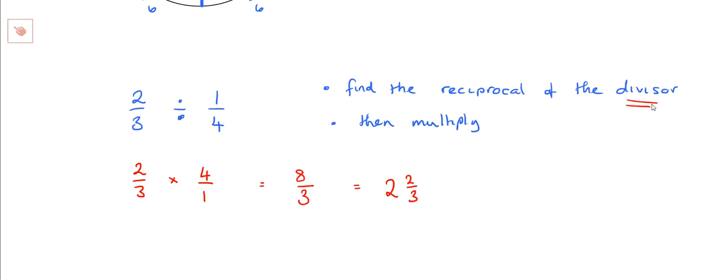Now, like we've just done with the multiplication, I would like you to think and see whether you can explain why that works. What does it actually mean to do 2/3 divided by a quarter? Visualize it, because otherwise it's just numbers happening. But what does it look like visually?